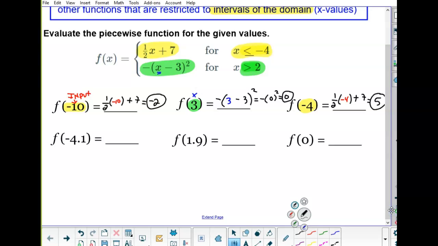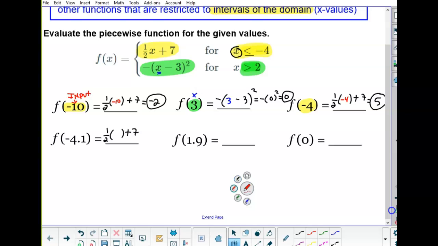All right. Then we look at a couple other things. What if, and this is getting towards what we're going towards in the next couple days, I'm just past -4 to the left of it? So -4.1. Well, -4.1 is still less than -4. I'm going to do that same work.